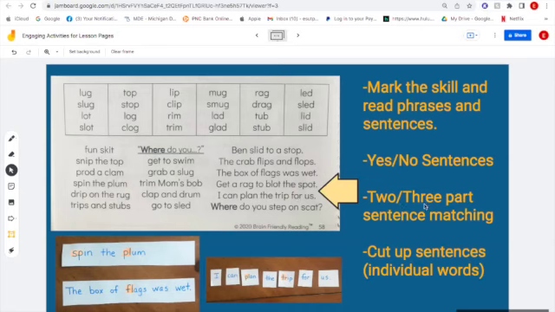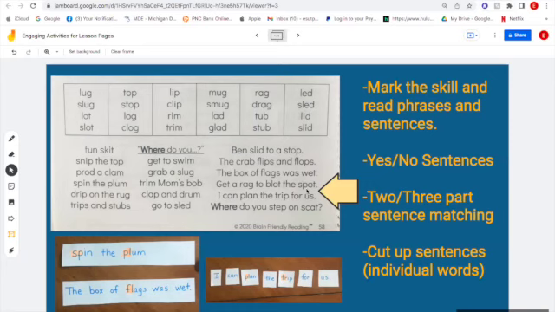And then we have 2 or 3 part sentence matching. You can take these sentences and either cut them in half and have the child put the 2 parts together, or for something a little more difficult, cut the sentence into 3 parts. "Get a rag to blot the spot."